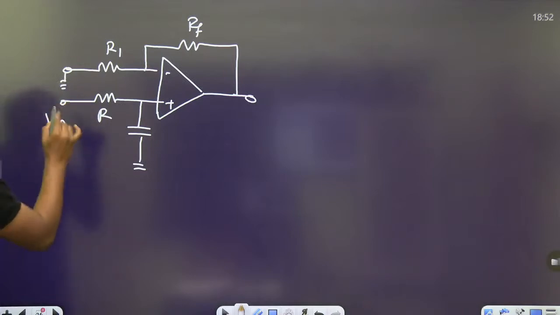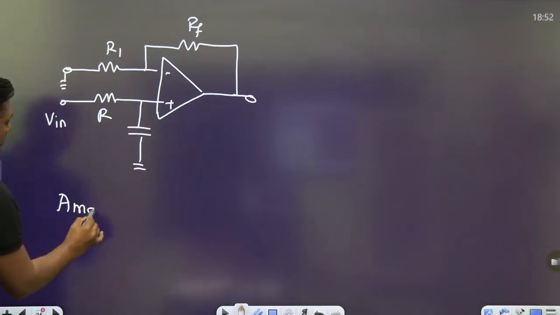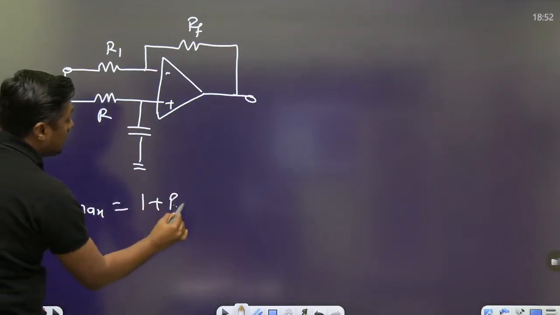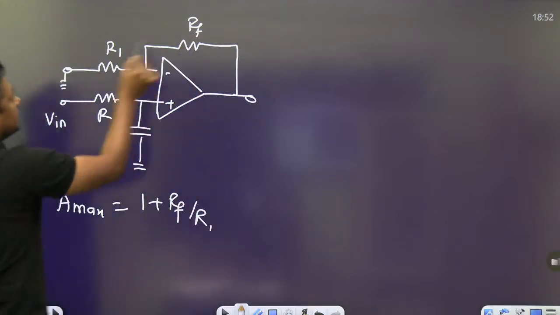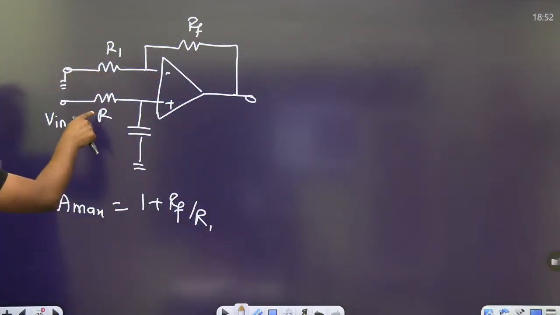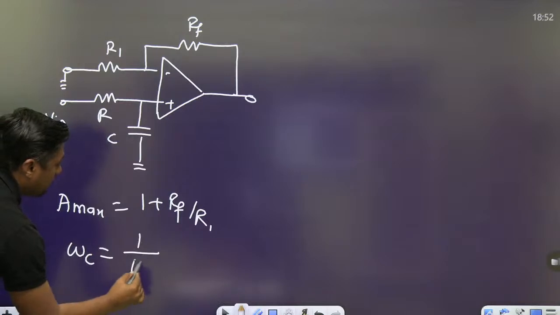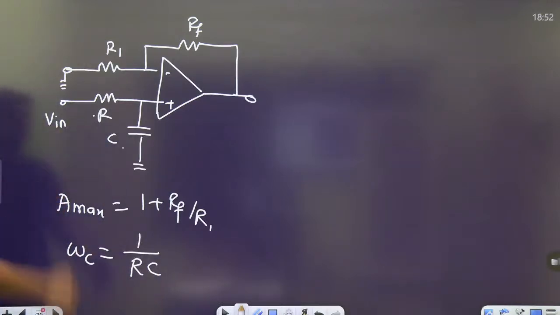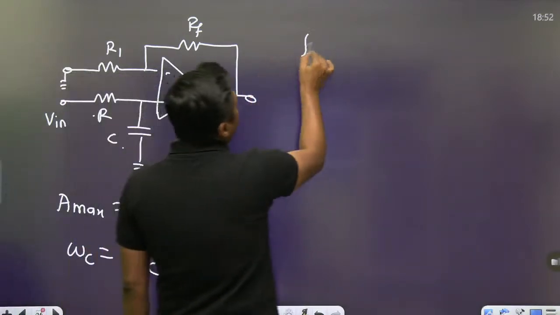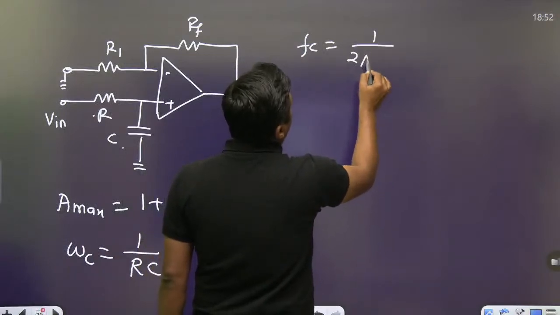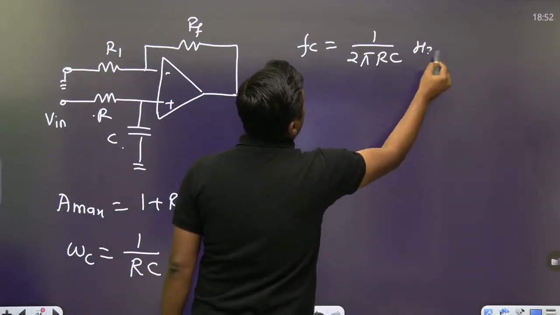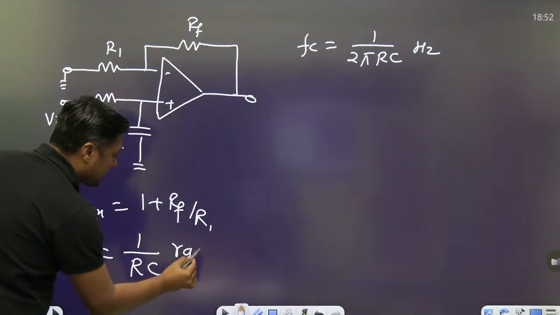This is grounded. So what is the maximum gain? Always remember, this is given by 1 plus RF by R1. No doubt in this question these R's are the same, but this is the standard circuit. And what is omega C? The cutoff frequency is given by 1 by RC, this R and this C. If FC is asked, it is 1 by 2 pi RC in hertz, and that is in radian per second.